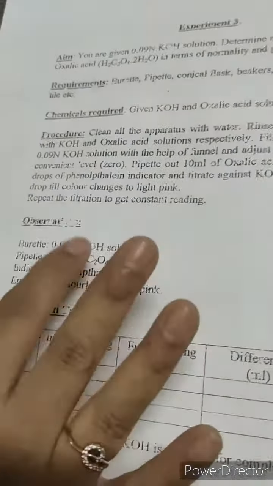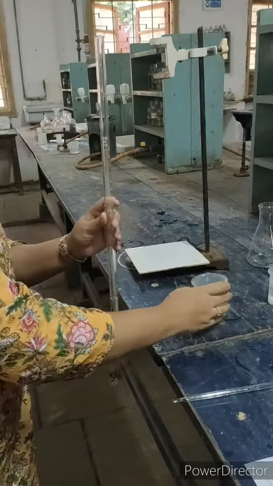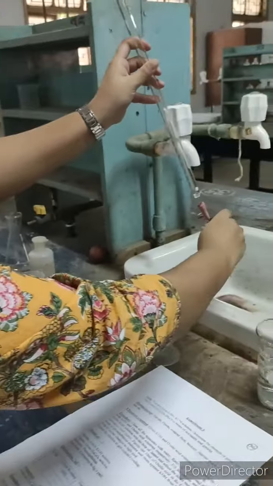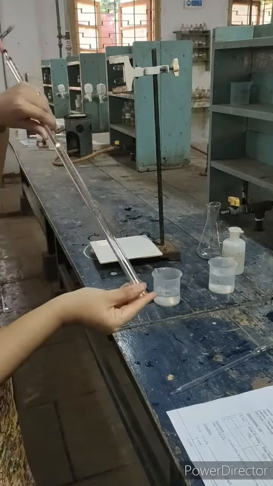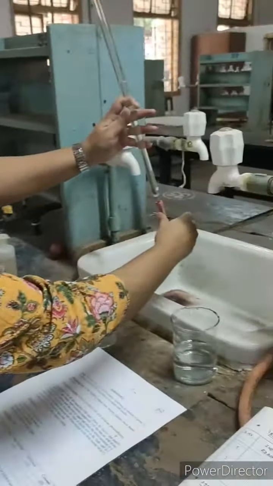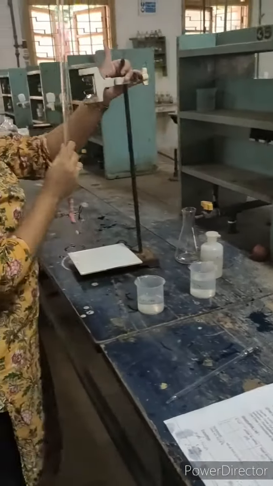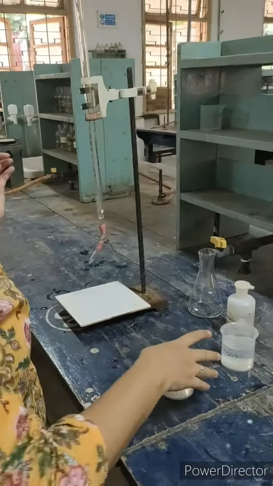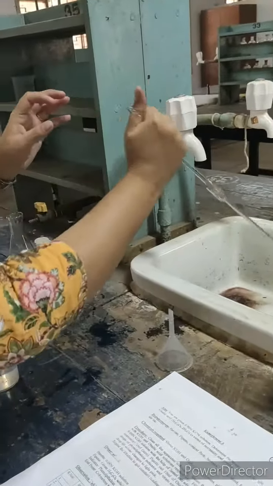In our case, in the burette we have KOH solution, so we'll rinse the burette with KOH solution. For the pipette, we'll rinse it with oxalic acid.